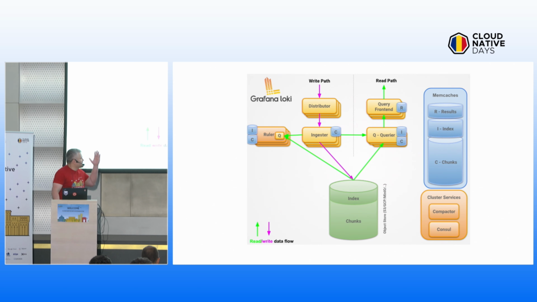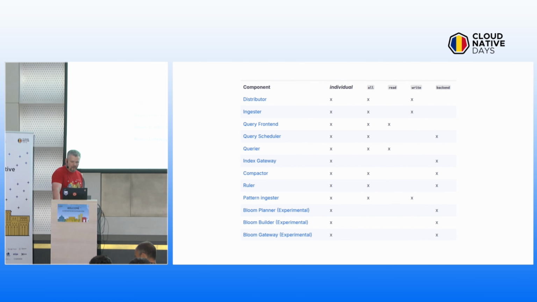For example, this standard scheme of Grafana Loki contains around 10 different components, and each component has its own non-trivial configuration, which is barely documented, and you need to figure out how to configure all these components together and optimize them together.